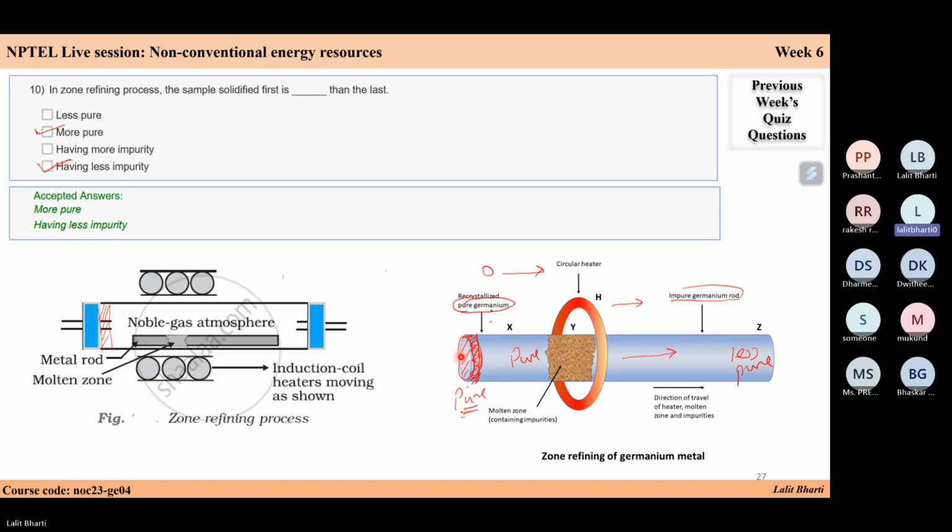We are moving from left to right, and as the heater passes, your material is getting pure. So we are going from pure to impure. So in zone refining process, the sample that solidifies first is more pure than the last, having less impurity. This left region is pure, having less impurity, and this right region is less pure, having higher impurities. So this is similar to your float zone technique.